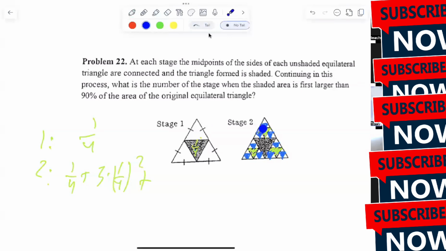And the third stage has these small blue triangles, which become 3 times 3 of these, because there are 3 small shaded green triangles. For every one shaded green triangle, there are 3 of the blue triangles. So there are 3 shaded green triangles, and there are 9 shaded blue triangles, or 3 squared times 1/4 cubed, which is 1/4 of the 1/4, which is 1/16, and 1/4 of that, which is 1/64.